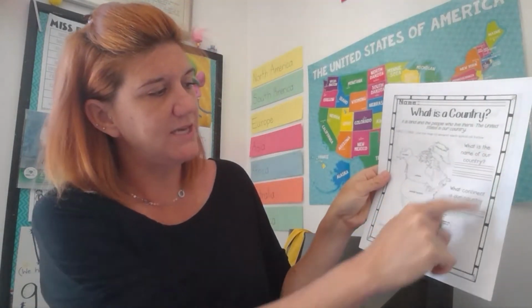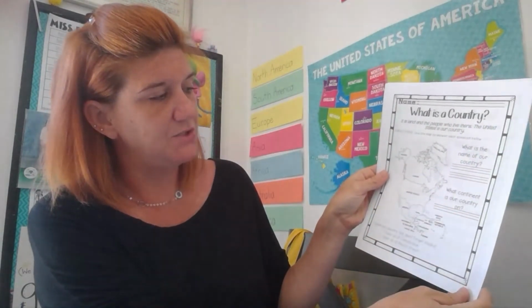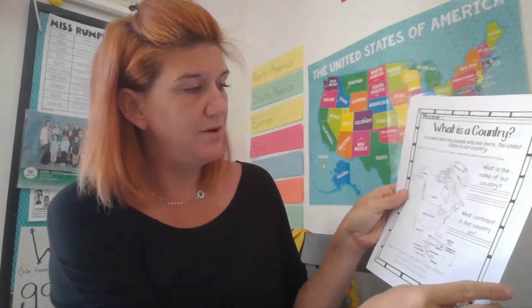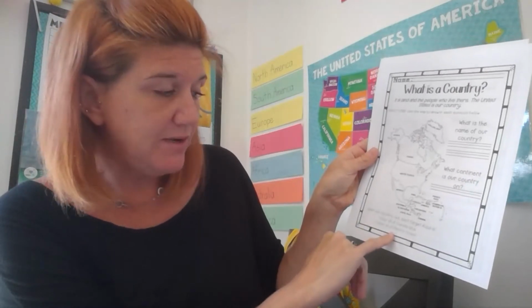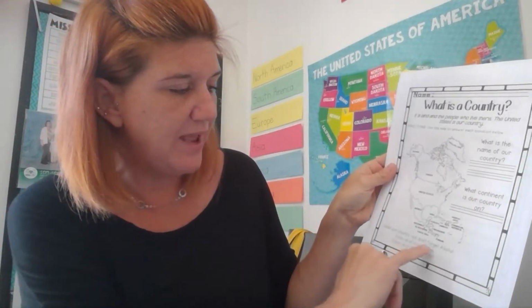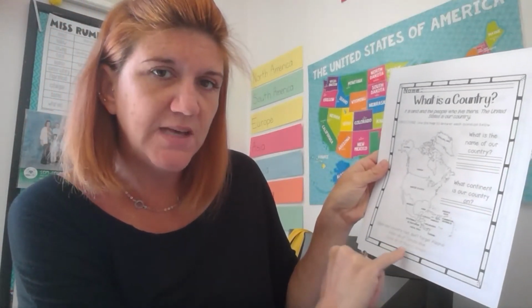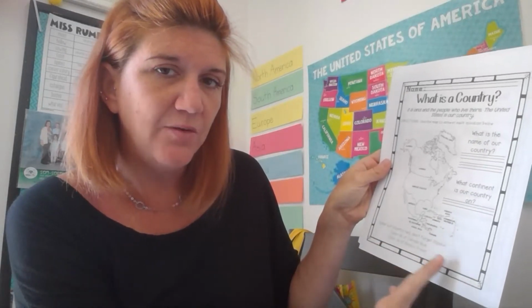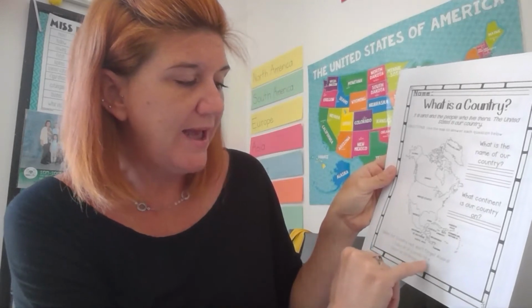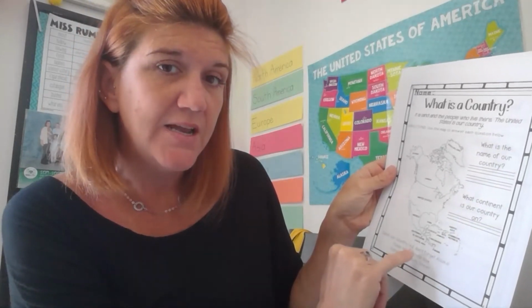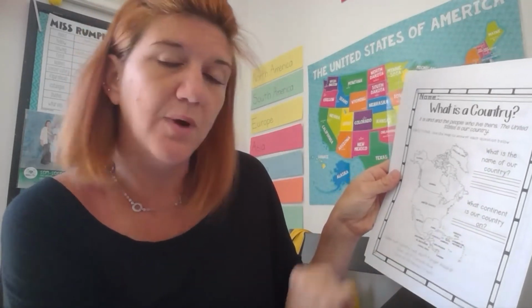And when it asks us what continent our country is on, if you're not sure or you want to double check your spelling, use that resource on the back. Follow these instructions down here. If you don't have blue or green, you can cross out those color choices and write the colors that you're using there so that I have a definite knowledge of what you are labeling.